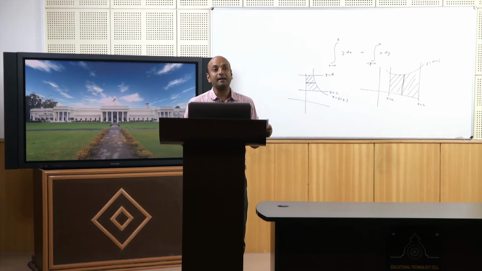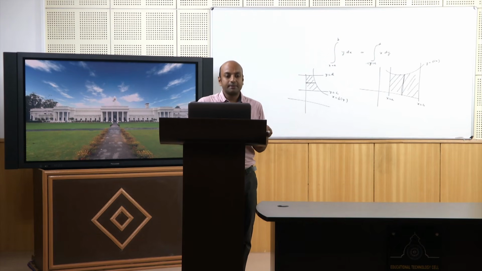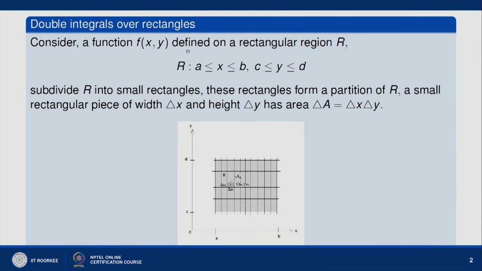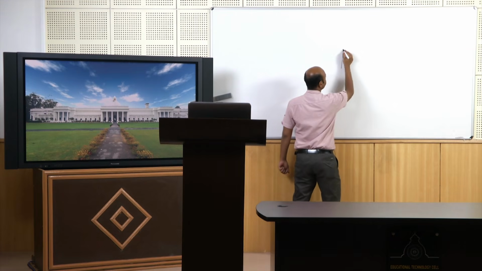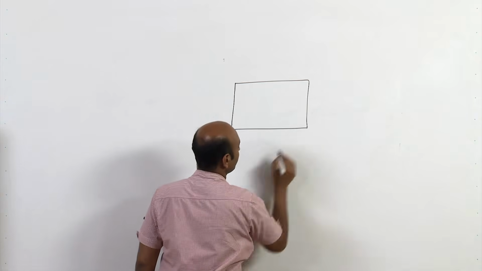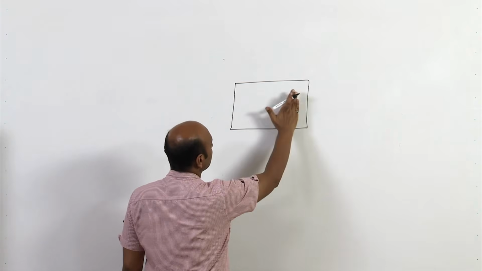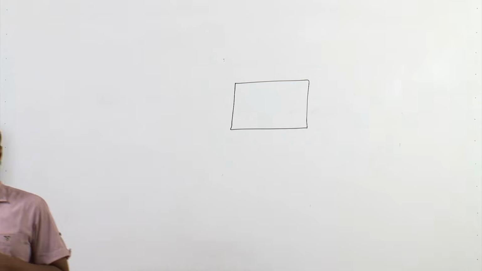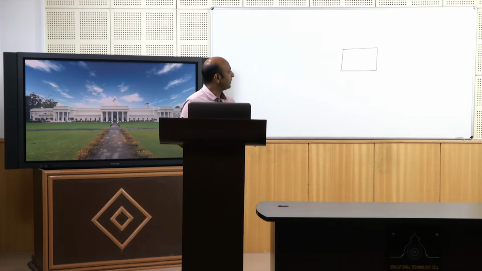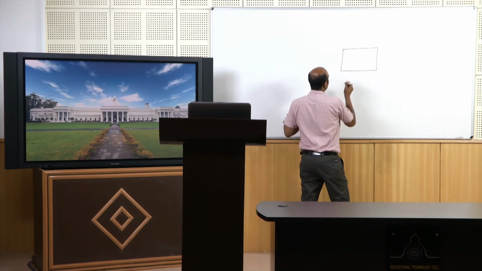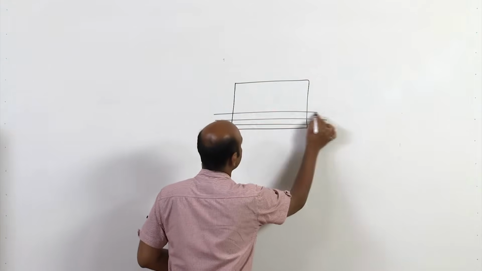Now how can we define a double integral? Double integral over rectangles. Consider a function f(x,y) defined on a rectangular region R, where x is varying from a to b and y is varying from c to d. So you have a rectangle. To define the double integral of f over this rectangle, we first divide this rectangle into a number of vertical and horizontal strips.